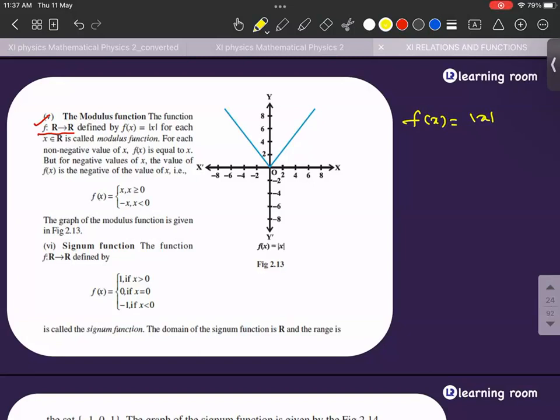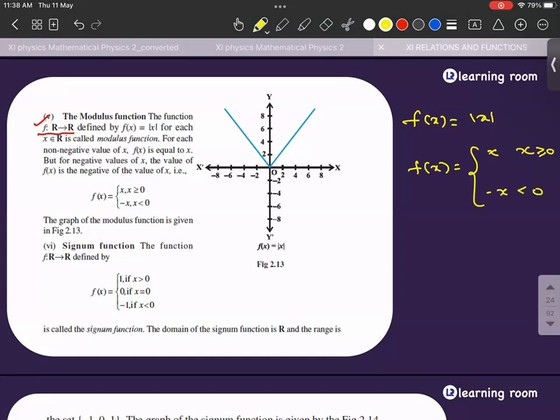So mod x can be split into two values, where you take one value to be x and the other value to be minus x. So f of x is equal to x when x is greater than or equal to 0, and minus x when x is less than 0.